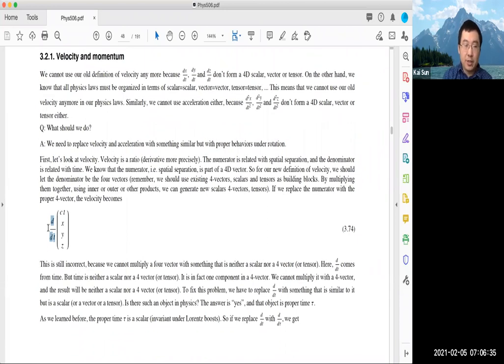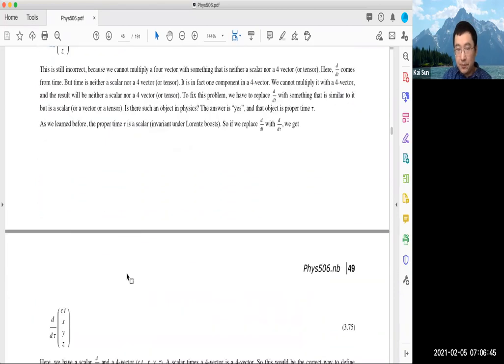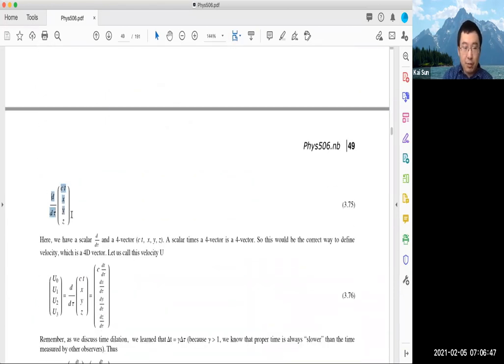And what is some object really close to time, but also at the same time a scalar or vector or tensor? Well, the simplest option is the proper time. The proper time is a 3D scalar, as we mentioned earlier. The proper time is the time associated with a moving object itself.